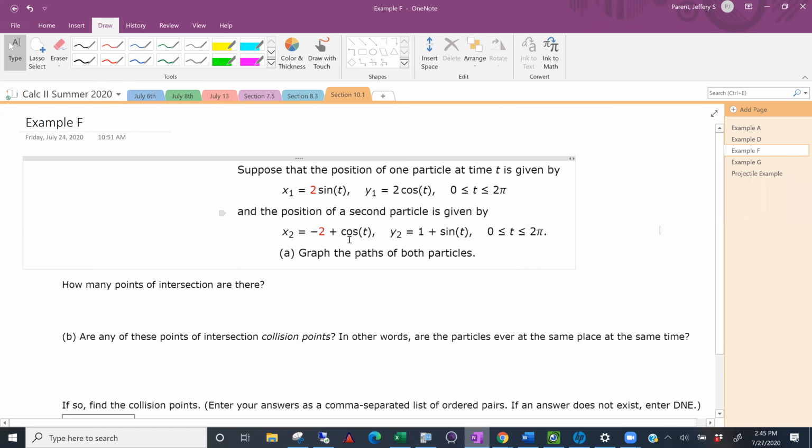Now, I'm going to copy these down, and we're going to think about the graphs not by necessarily graphing them initially, but by eliminating the parameter and just seeing, well, what's it look like in x and y? And that's how we're going to approach this. So if you want to copy that down, I'm going to be doing likewise onto my paper here. This is example F.